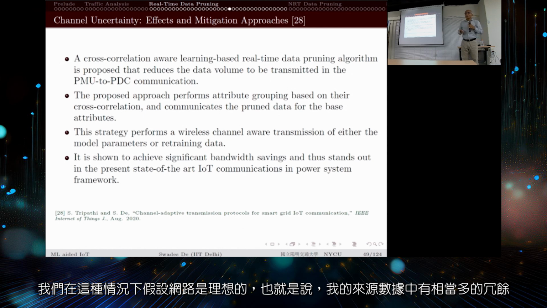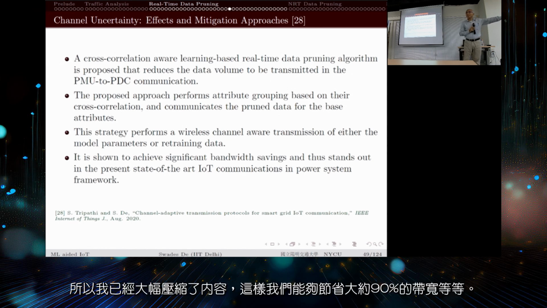What we have assumed in this case is that the network is ideal, meaning that my source has data which is significantly redundant, so I have pruned the content significantly. We are able to save about 90% bandwidth, etc.